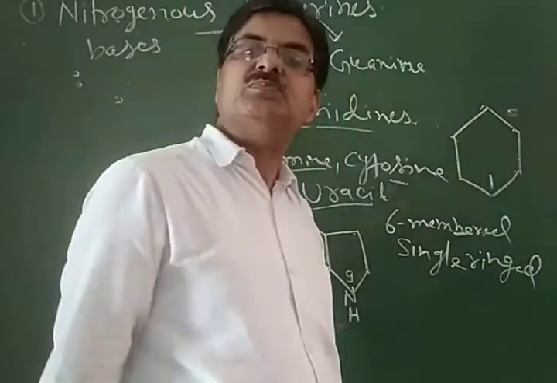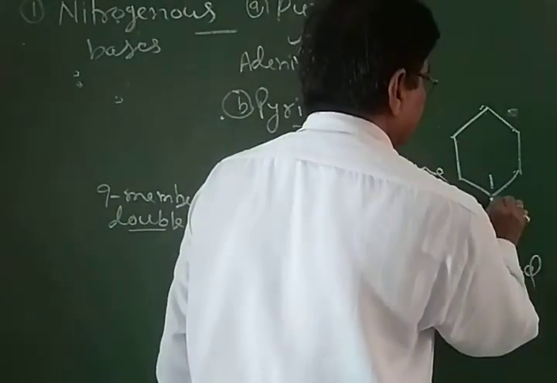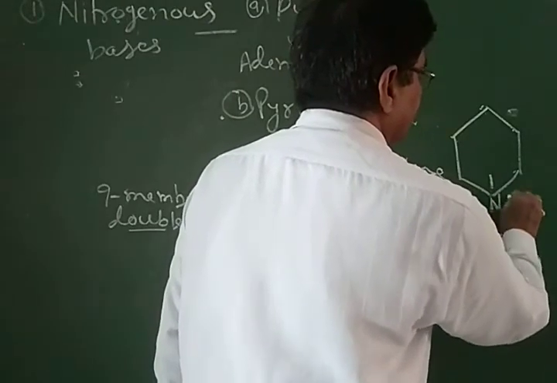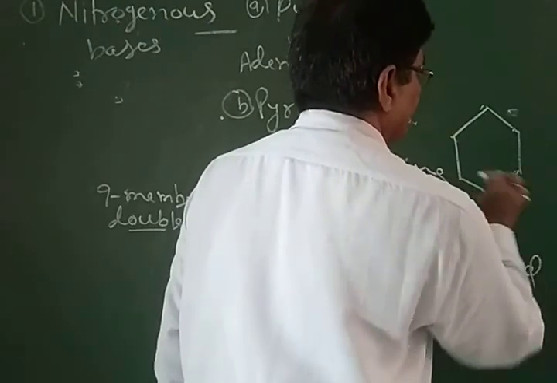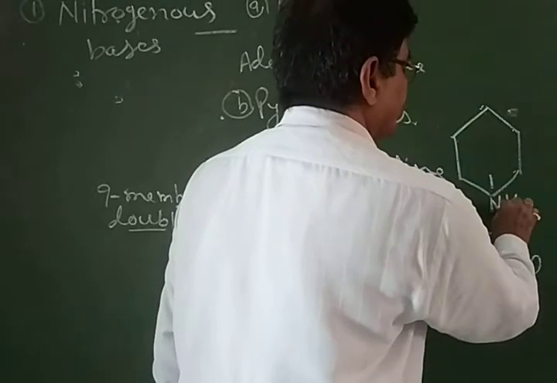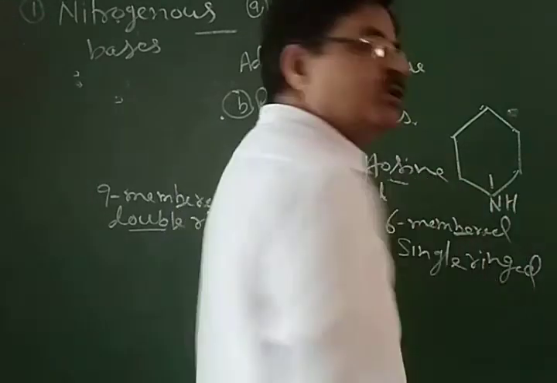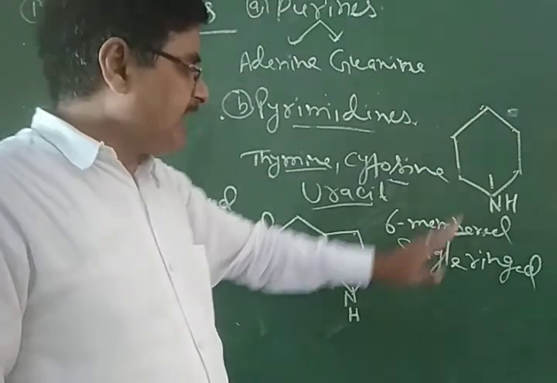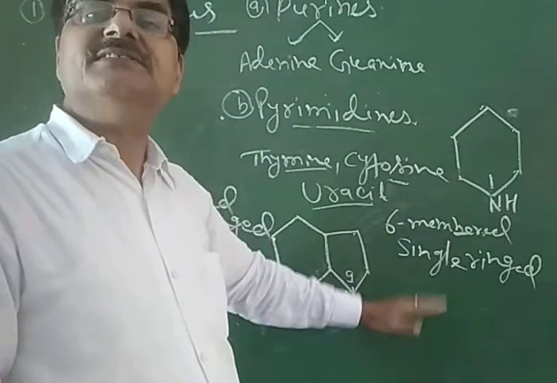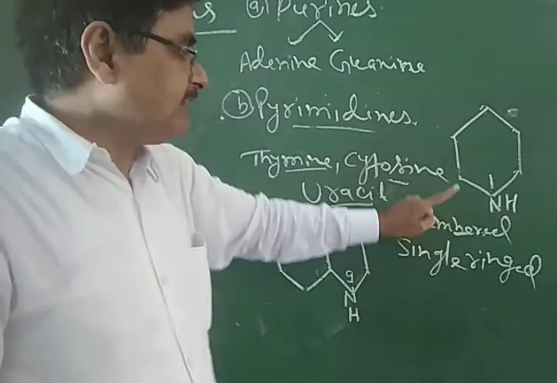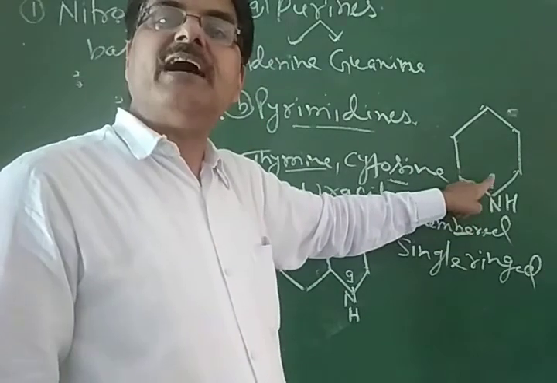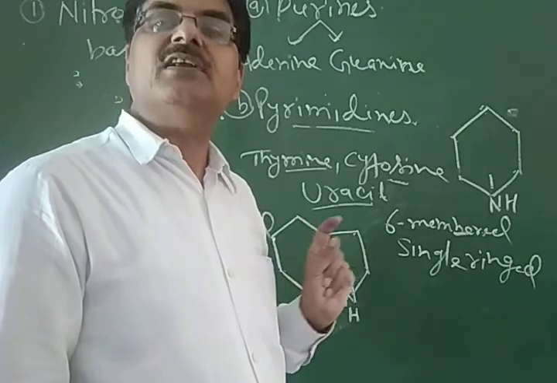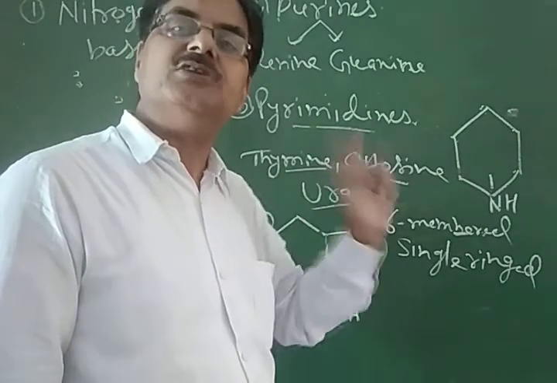Now suppose this is the first position. At the first position, there is also an NH group present, and this NH group takes part in the formation of glycosidic bond with the sugar. Means the pyrimidine bases are six-membered, or monocyclic, and the nitrogen present at the first position takes part in the formation of glycosidic bond with the sugar.